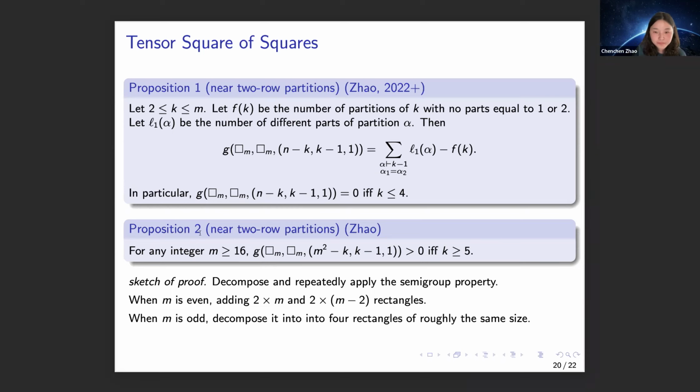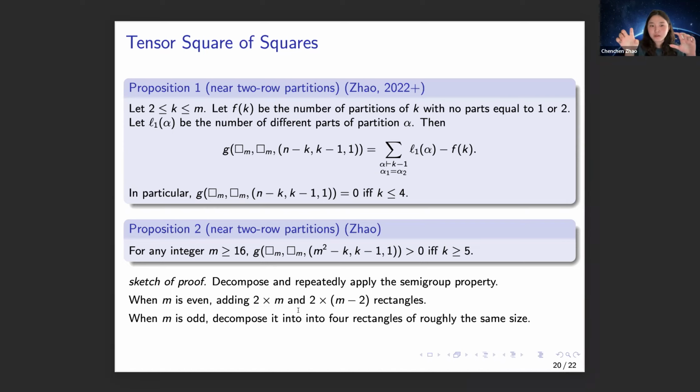And for the general case, if k is a longer second row, if we have any two-row partition plus a single box on the third row, we can prove the positivity for longer k. The idea is we can decompose square partitions.